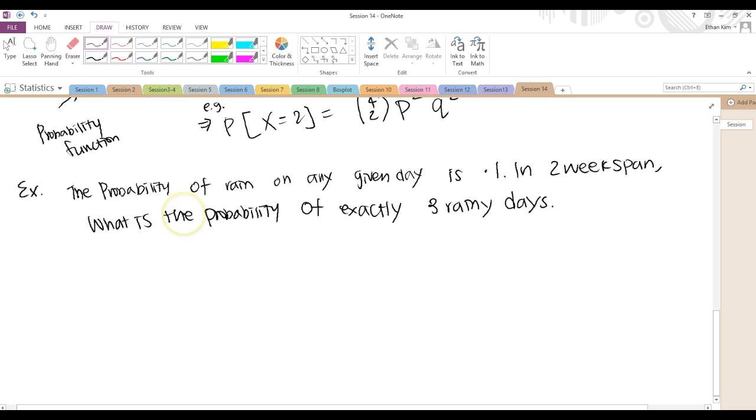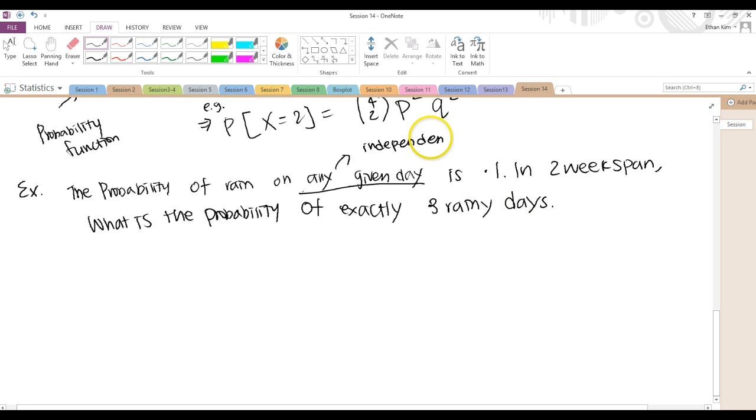Okay, so it says probability of rain on any given day. So it doesn't matter if it rained the day before. Today, it's going to be the same probability. So this is referring to independence.